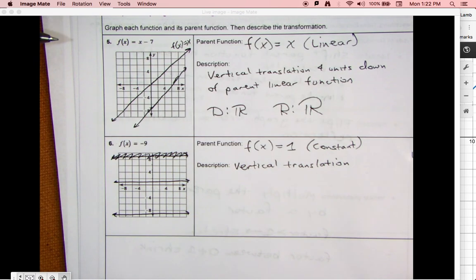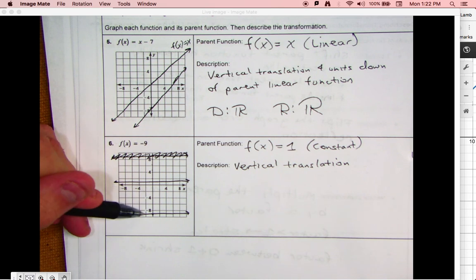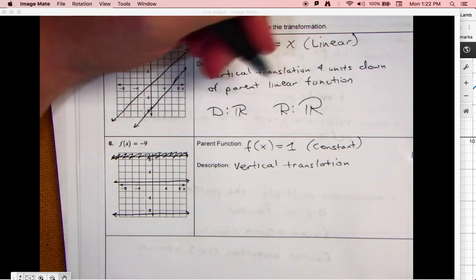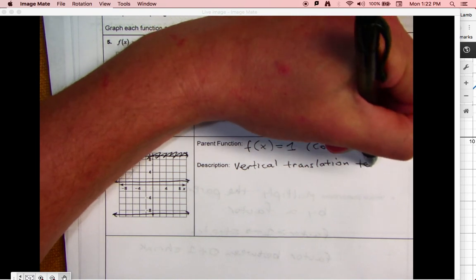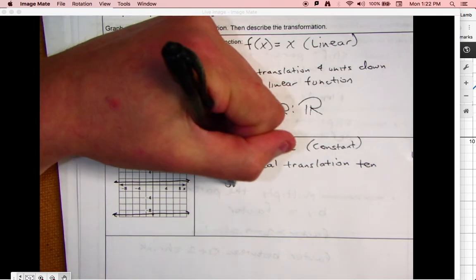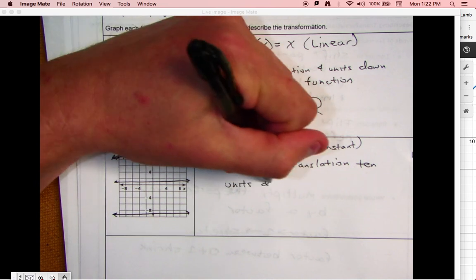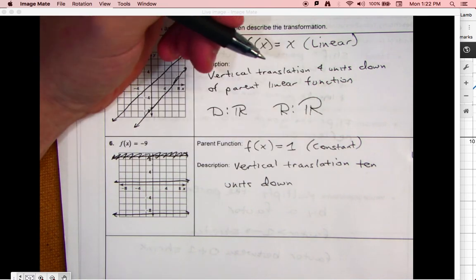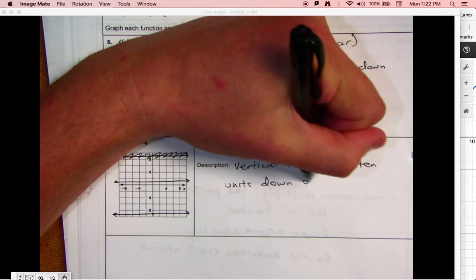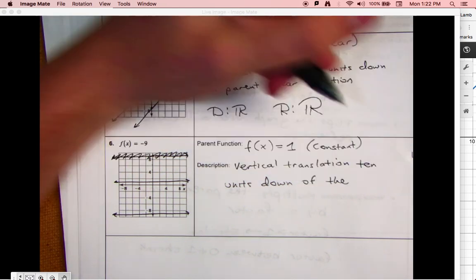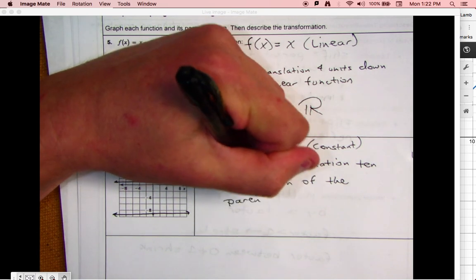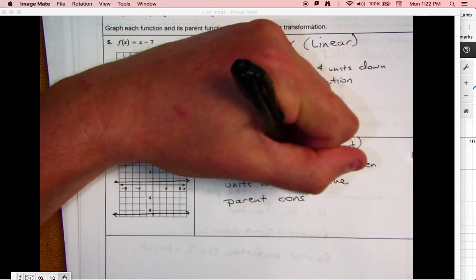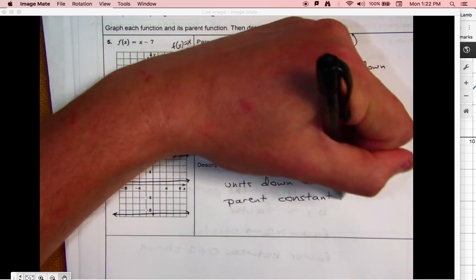So vertical translation. Now how far did it go? Started at 1, went down to -9. Let's say 10 units down, because it moved 10, of the parent constant function.